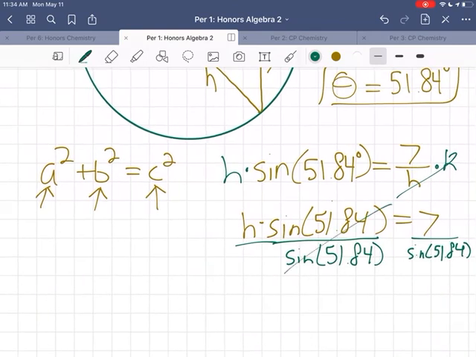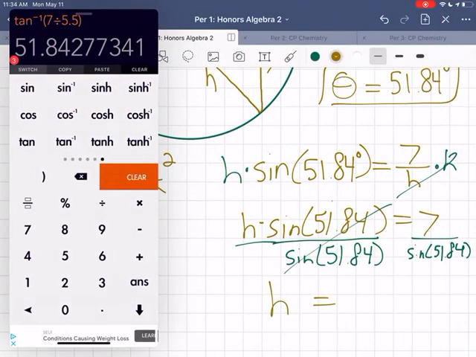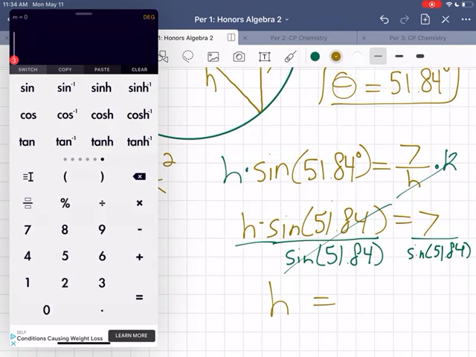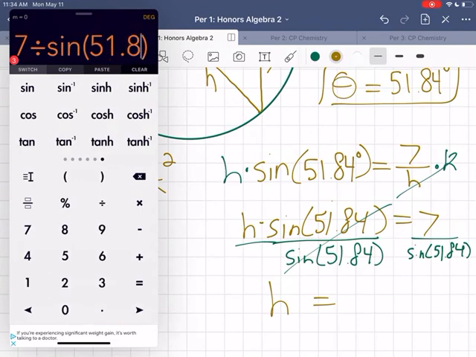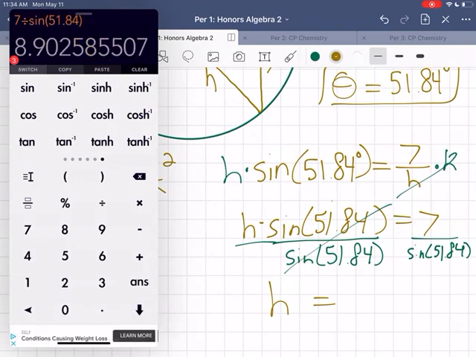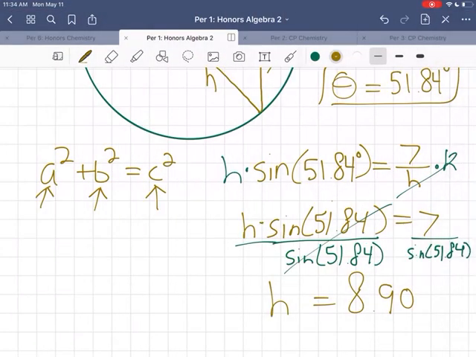All right, that's going to cross off, and then we're going to have h is the only thing left on the left side, and then 7 divided by the sine of 51.84 is going to be on the right side. Let's do that. 7 divided by the sine of 51.84, and that is going to get us 8.90 units.